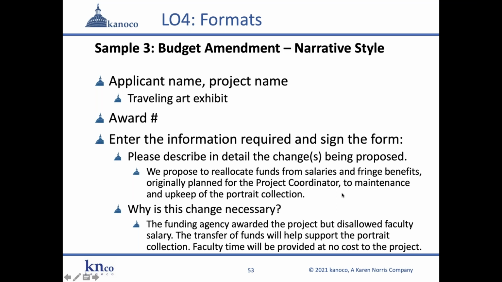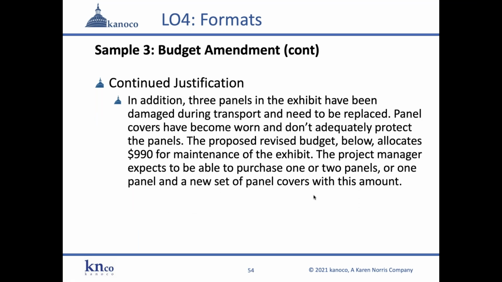Well, the funding agency awarded the project but disallowed the faculty salary. The transfer funds will help support the portrait collection. Faculty time will be provided at no cost to the project. And then they continued with the justification. In addition, 3 panels in the exhibit have been damaged during transport and need to be replaced.